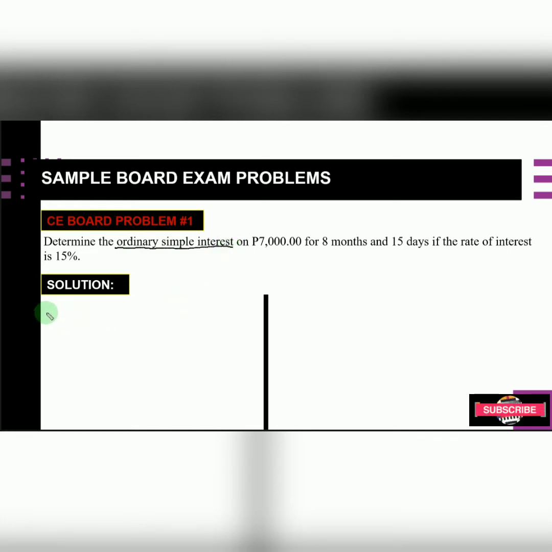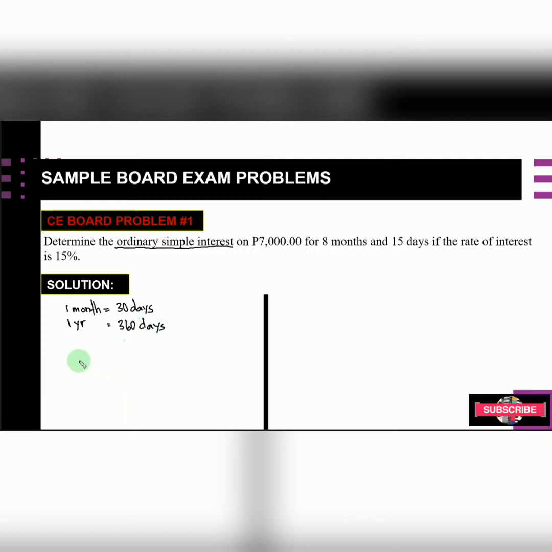When you are considering ordinary simple interest, you have to remember that in 1 month you are going to consider only 30 days, or in 1 year you are only considering 360 days.